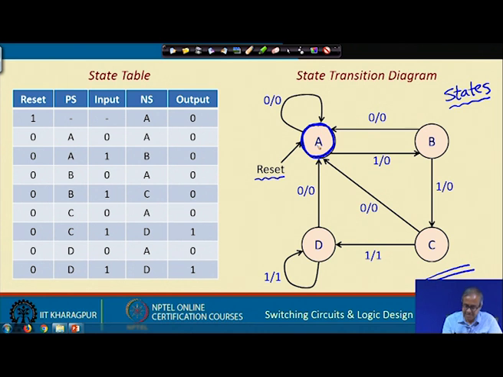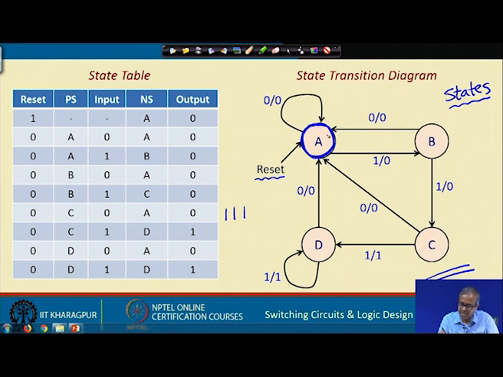Now, whenever there are 3 consecutive 1s, the output has to be 1. So, how do you capture this in this diagram? We shall be discussing this in more detail later, but let us try to explain with this example how we have constructed this diagram. While in state A, you can see there are some arrows, these are edges.